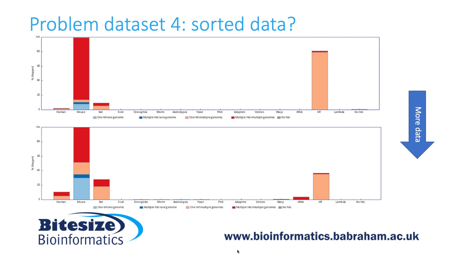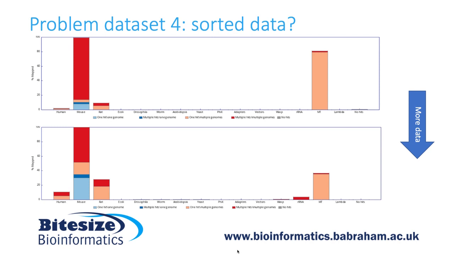So what we did is we downloaded the first several 100,000 reads from each dataset and then performed the FastQ Screen analysis on that. Now what you might hope to expect is the first several 100,000 reads would be fairly indicative of the whole dataset, but here that proved not to be the case.